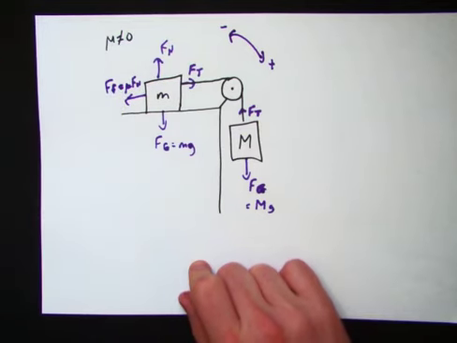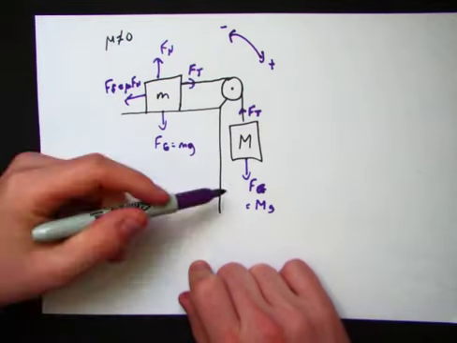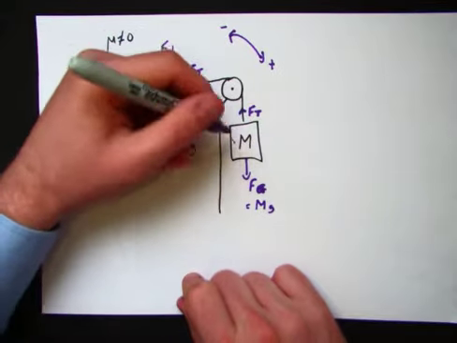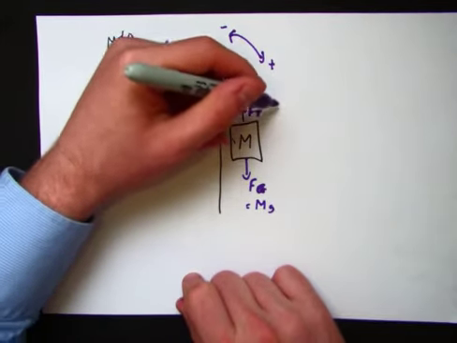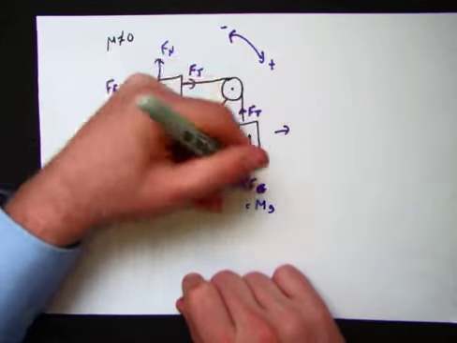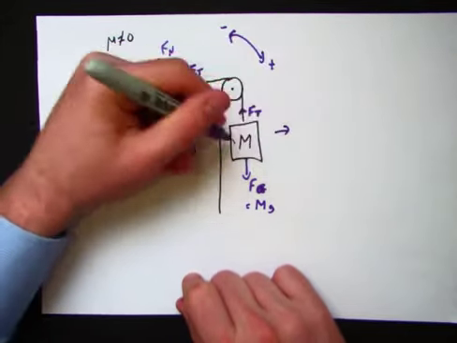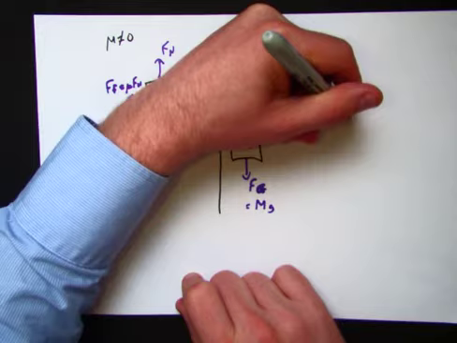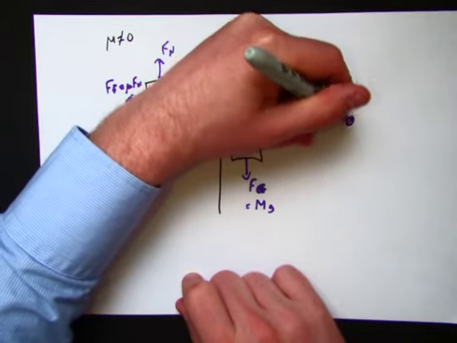Looking at this one here, what we have is a couple of things. In this tug-of-war, on this object right here, if we're only dealing with this object, the net force will be equal to, pardon me, let's write that again.